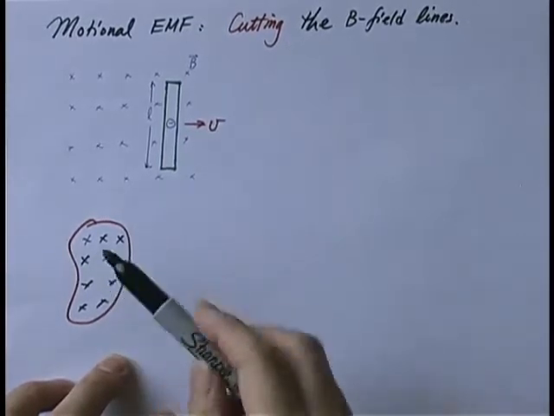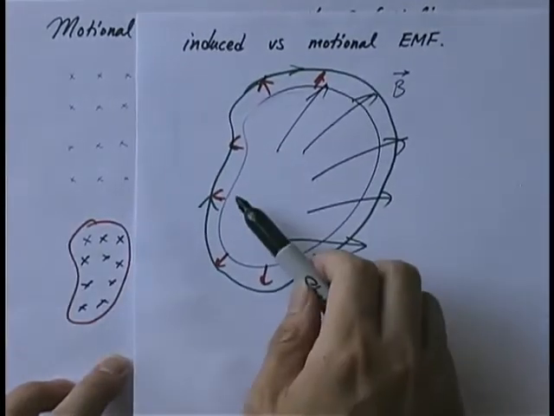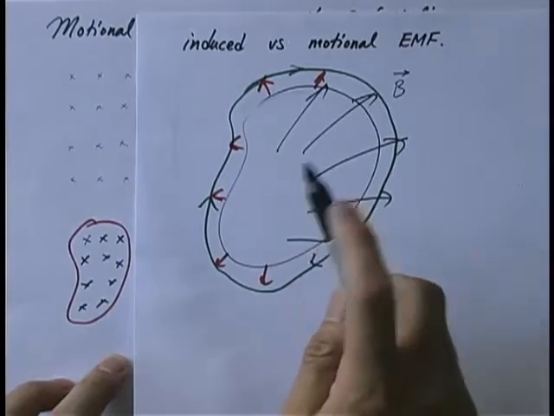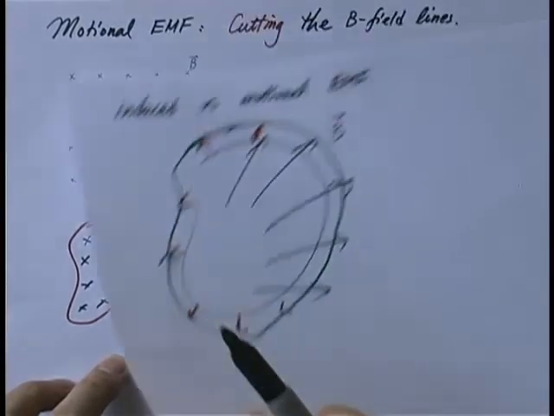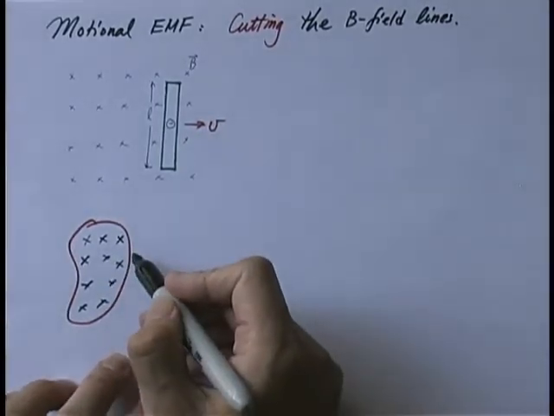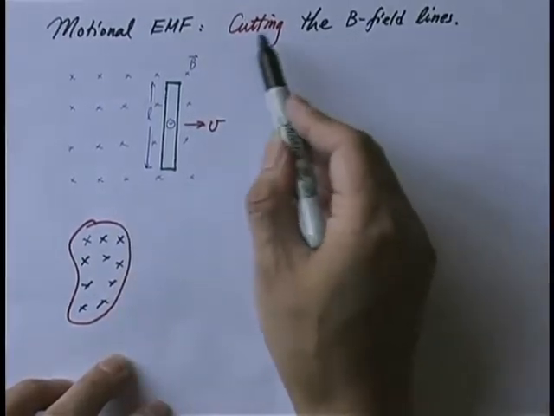How do you distinguish this type of useless motion from the type we just discussed that can actually cause an induced EMF? How do you distinguish these two? Well, the way we look at it is to see whether or not the border of this area is actually cutting the magnetic field lines.